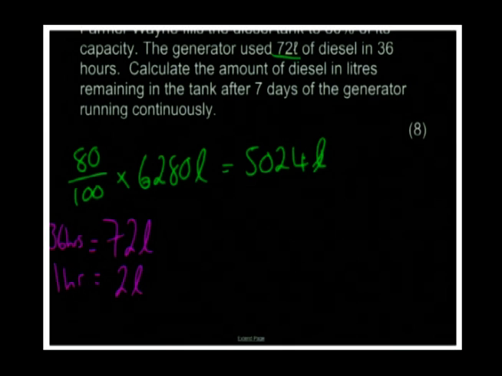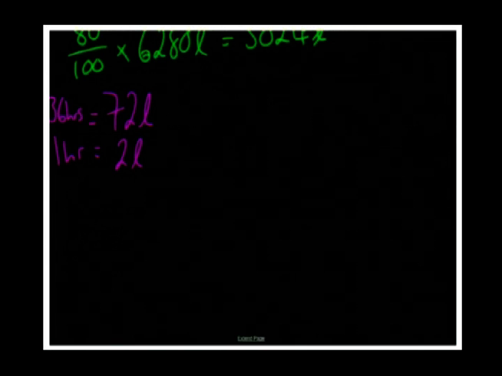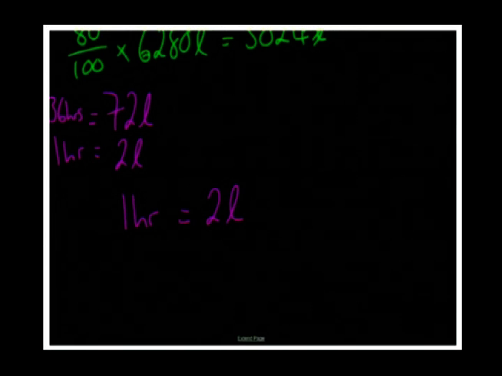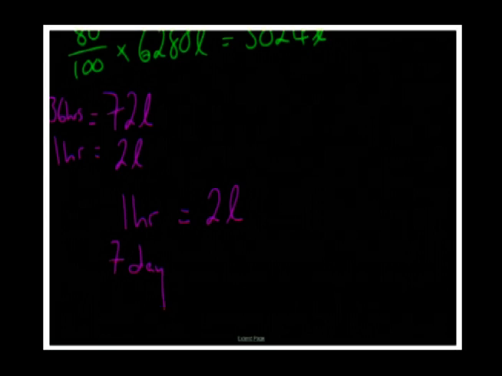Now we asked, how much do you think he's going to use in 7 days? Here we go. 1 hour is equal to 2 liters of diesel. He's now got 7 days. Now I have a problem because, let's look here, 1 hour, 7 days.